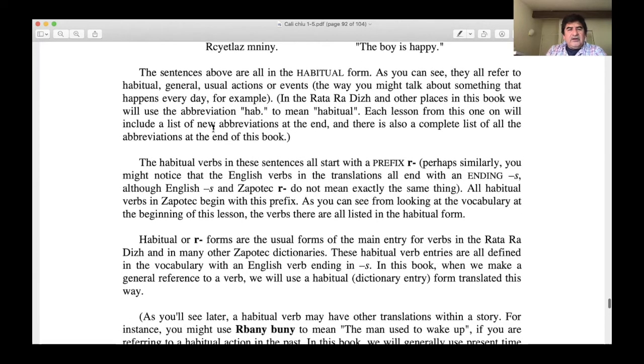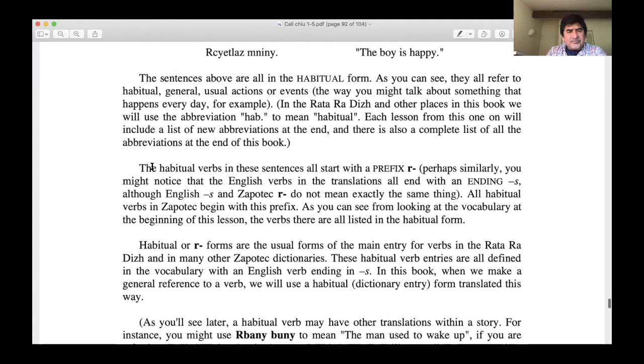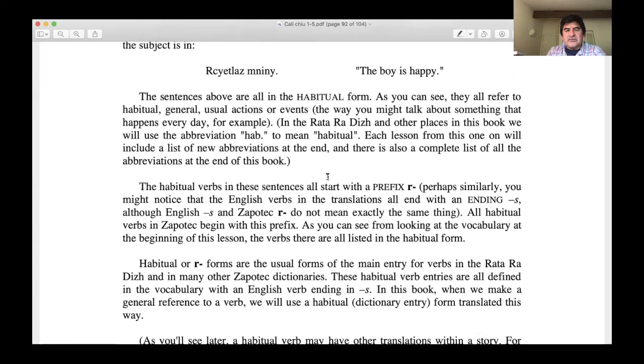So remember, the verbs that start with R are habitual. As you can read here in these sentences, all habitual verbs start with the prefix R, as I just mentioned to you guys. So whenever you see a verb in an R form, the R form represents the habitual, okay? And you might notice that in the English translation, all the verbs end with S, right?